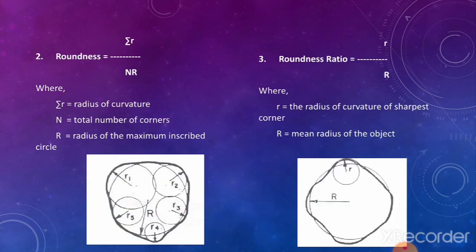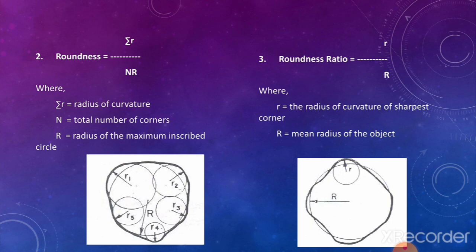The next method to measure the roundness is summation of r divided by N into R, where summation of r is the radius of curvature, N is the total number of corners, and R is the radius of the maximum inscribed circle.